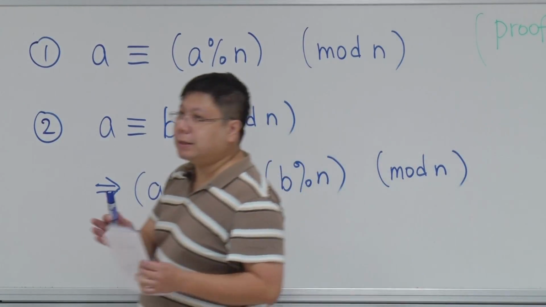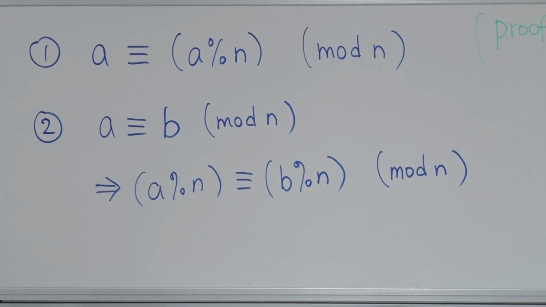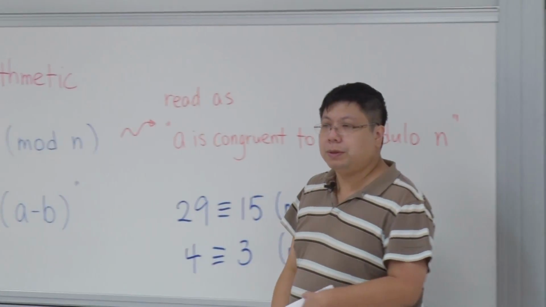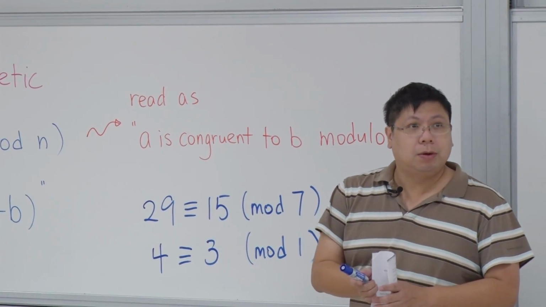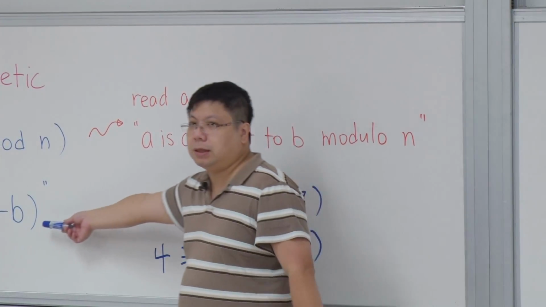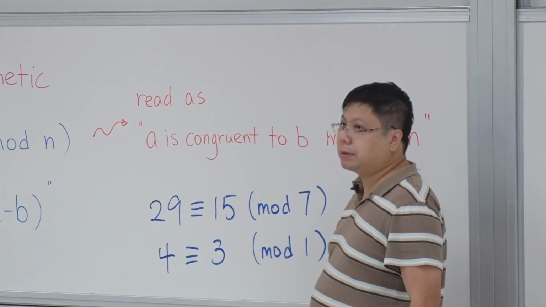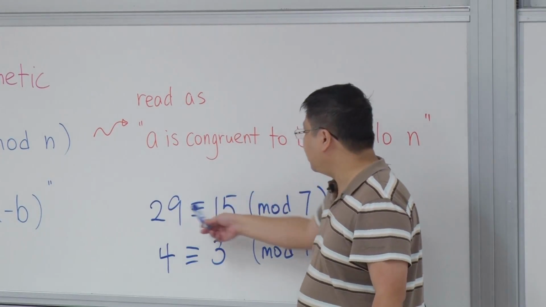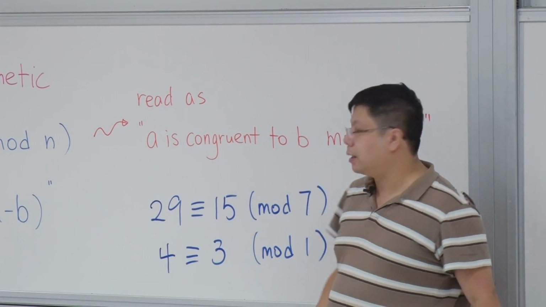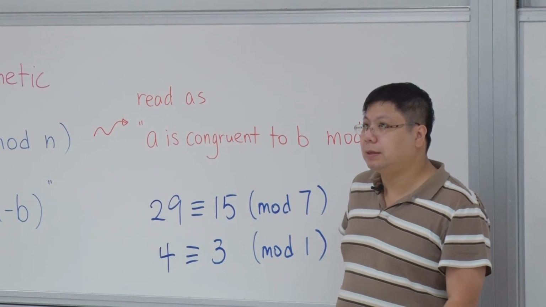In that sense, we can interpret this in a different way. When we say A is congruent to B modulo n, one way, by definition, is that n divides the difference. But the other way is that these two numbers have the same remainder after dividing by n.